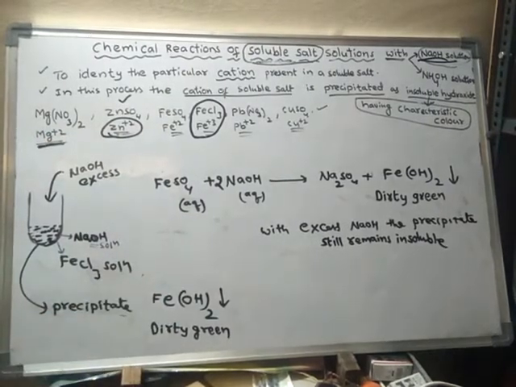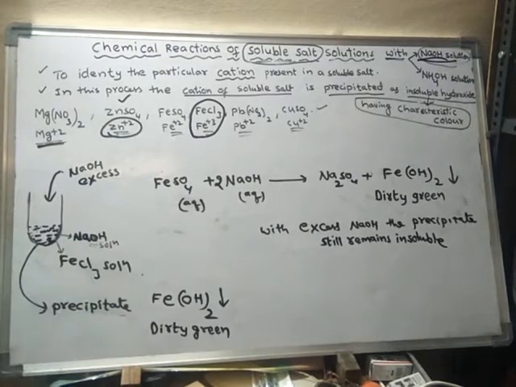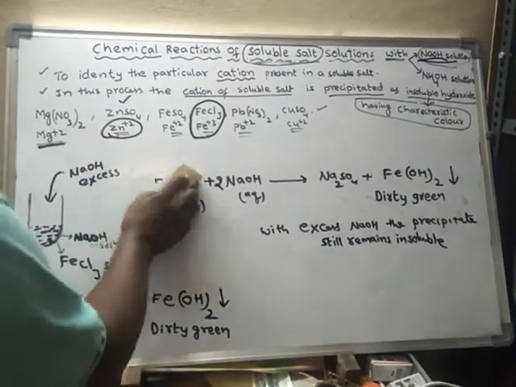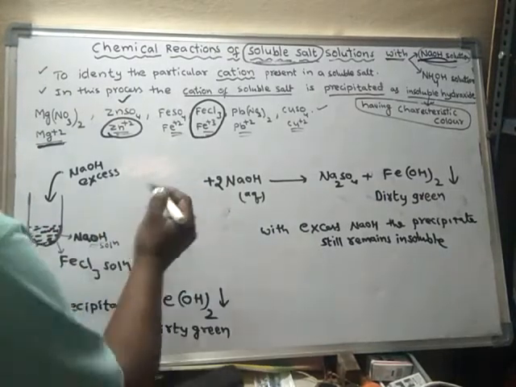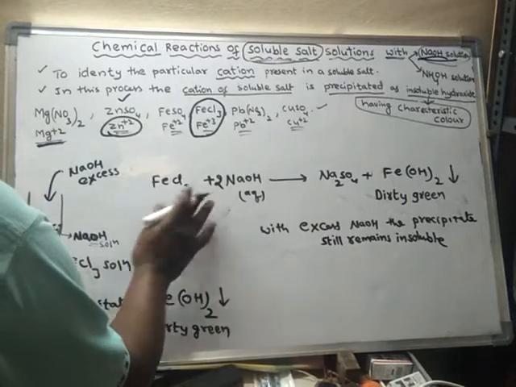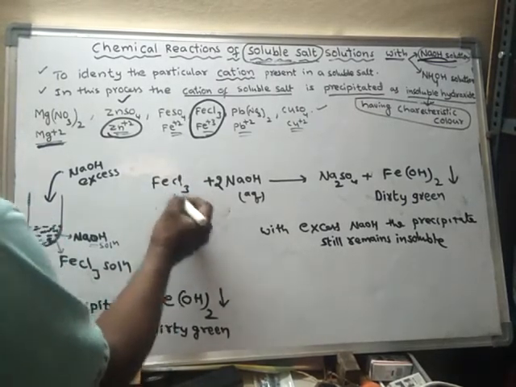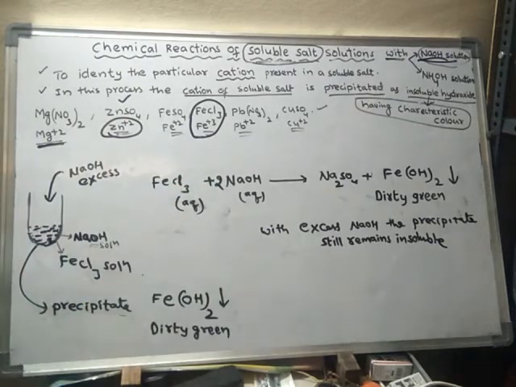So in this fresh test tube, add sodium hydroxide solution and ferric chloride solution, FeCl3 aqueous. So what happens?